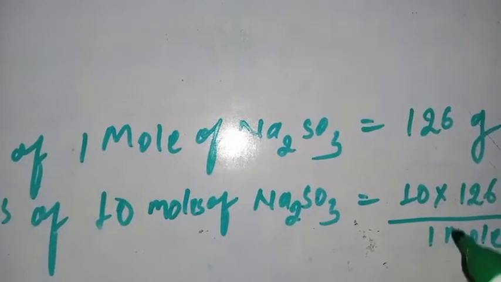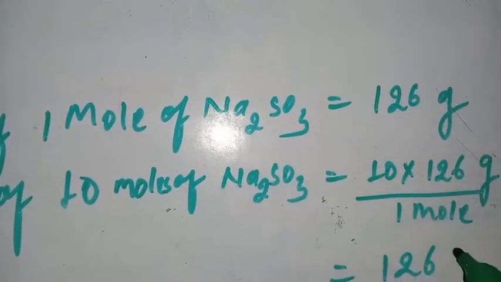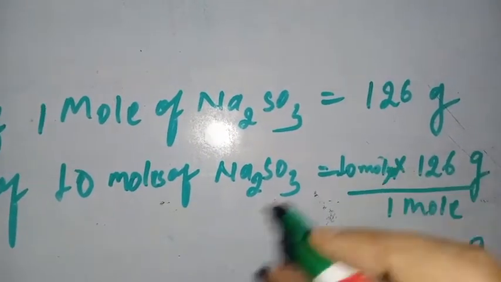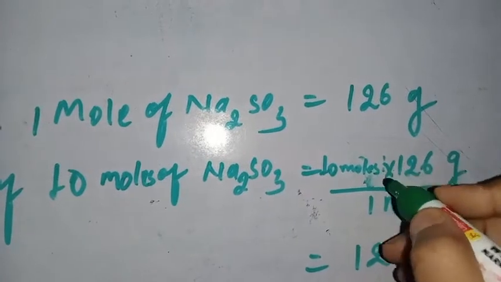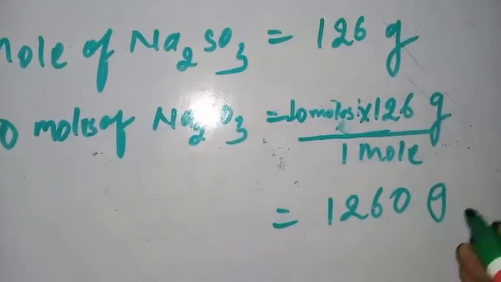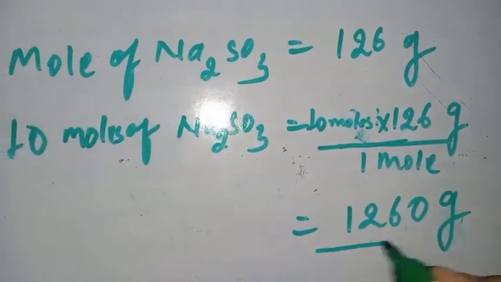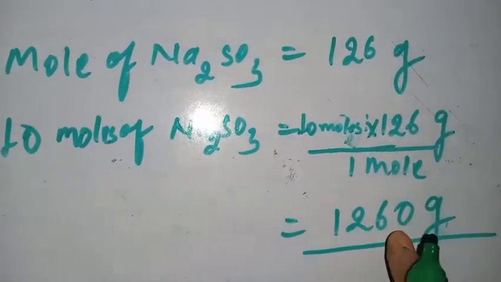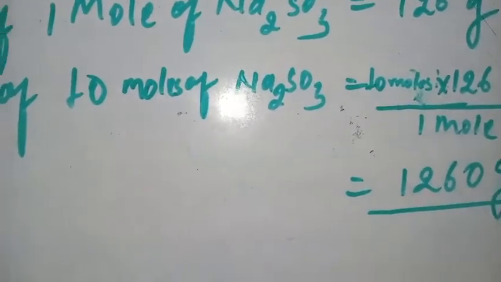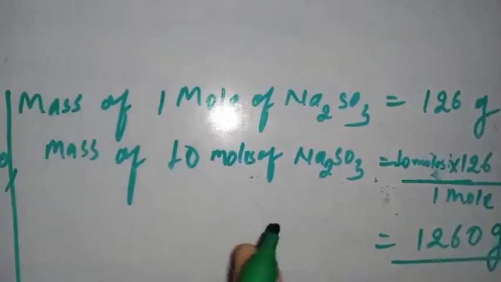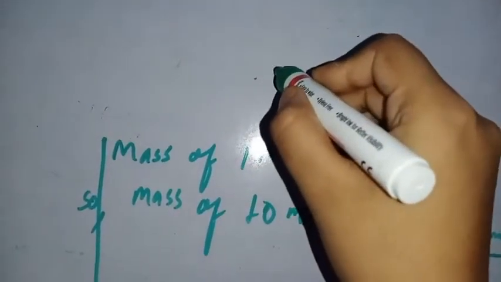And we will get here how much? 10 into 126, 1260 gram. So the mass of 10 moles of sodium sulfite is 1260 grams we have got. So for either method you can just use the formula and calculate, or by writing the sentence and doing the unitary method you can get the answer. Okay, so this is the second method.